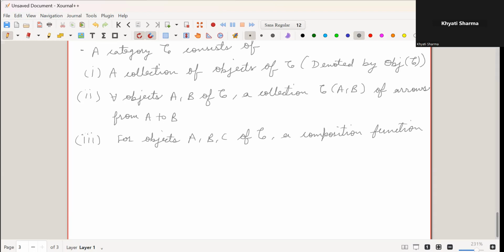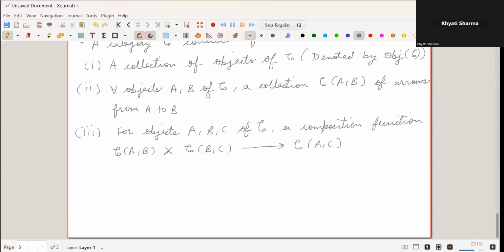You have the collection of all arrows from A to B, and the collection of all arrows from B to C, and then you can take their direct product and map it to the collection of all maps from A to C. How is the mapping?